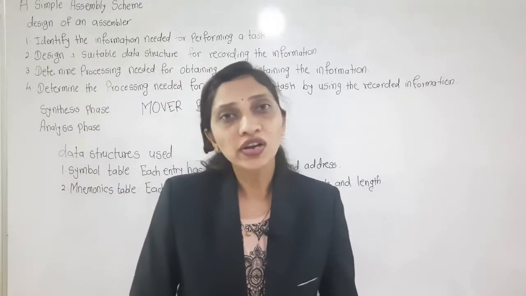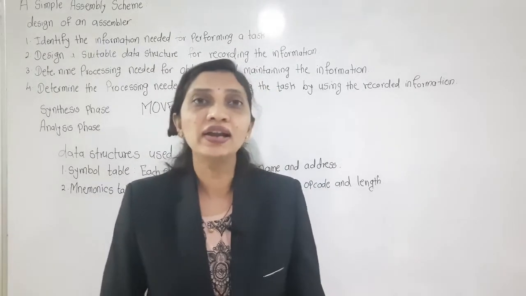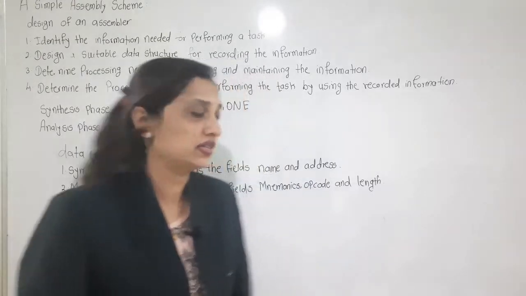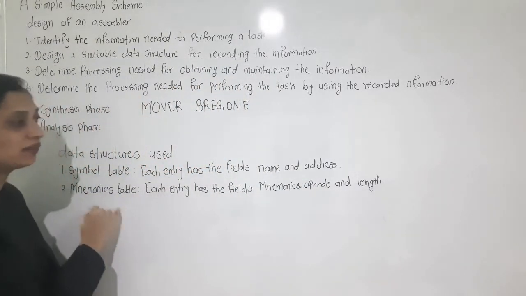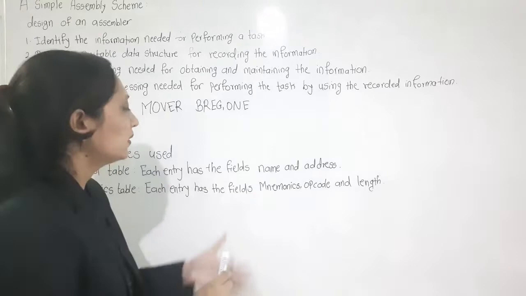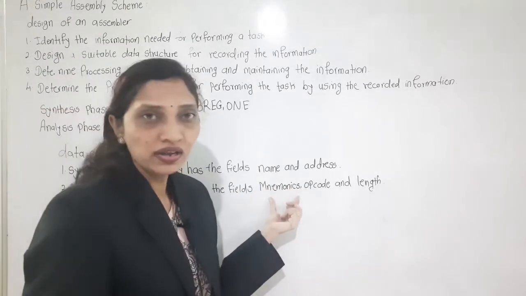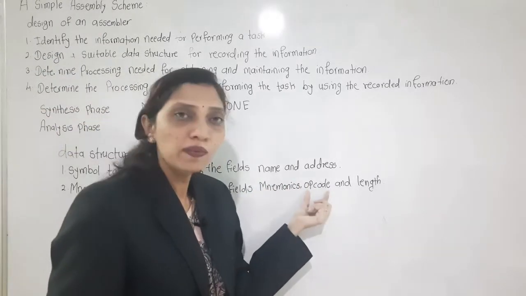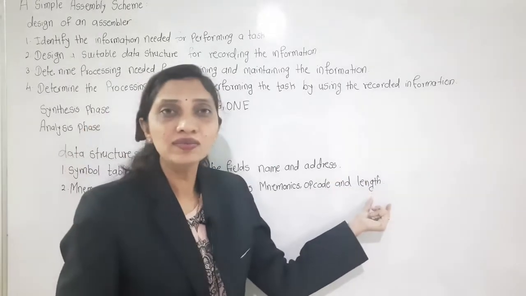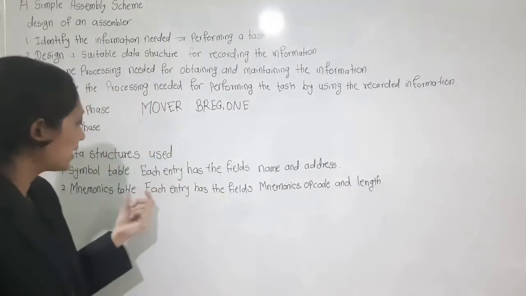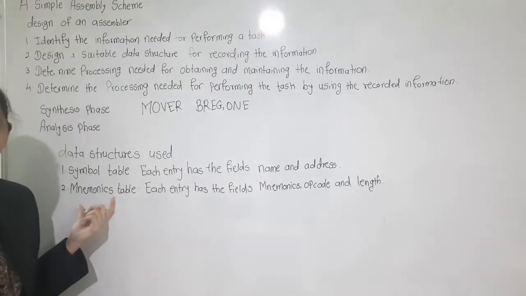That corresponding opcode is specified by the developer of an assembler. So the mnemonic table contains three fields. The first field is mnemonic, the second field is opcode and the third field is length.